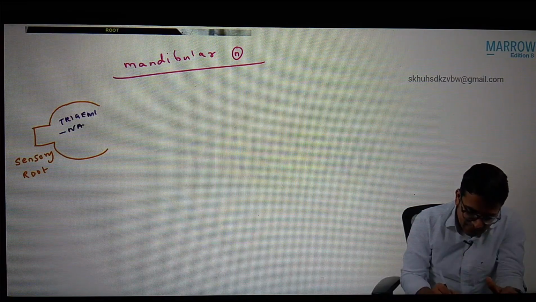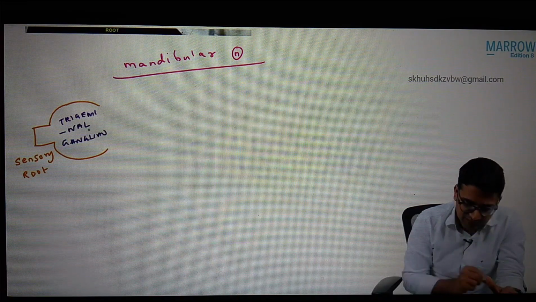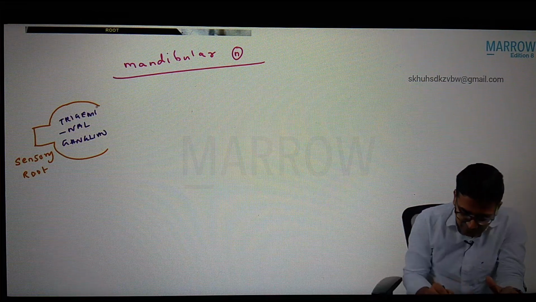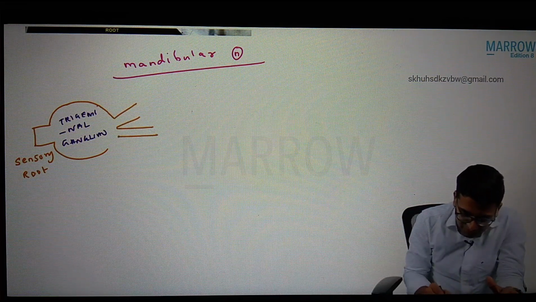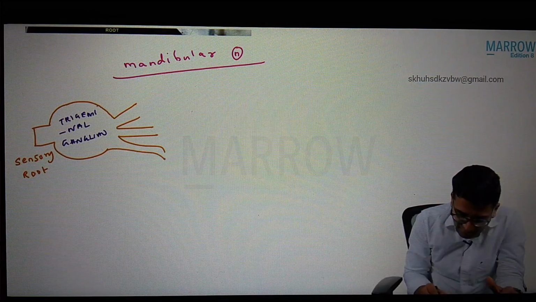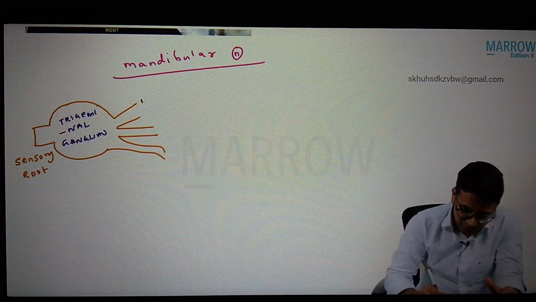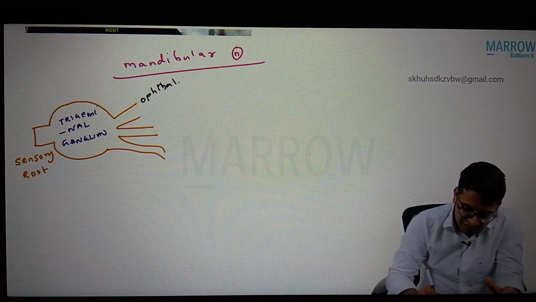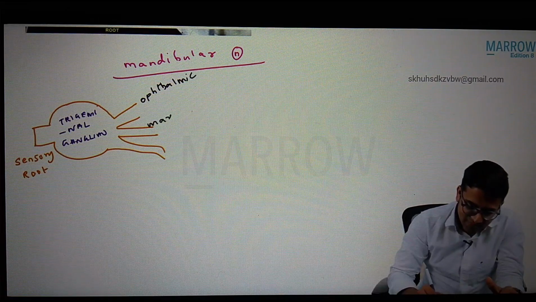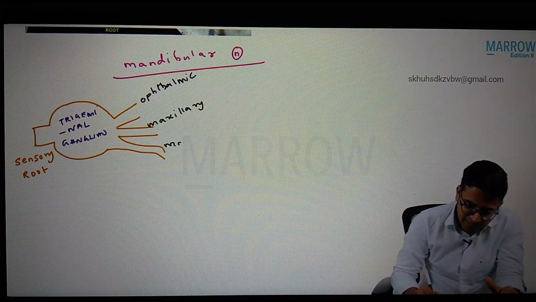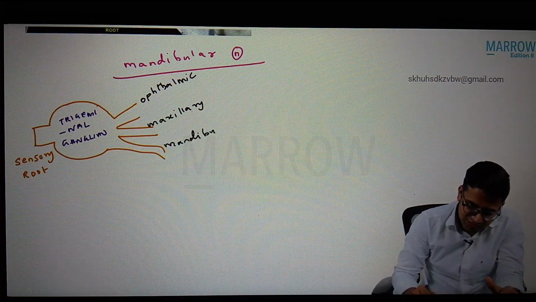Now the trigeminal ganglion gives three branches: ophthalmic, maxillary, and mandibular. This is the ophthalmic branch, maxillary, and mandibular branch.